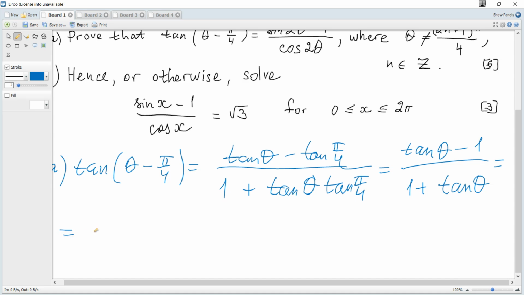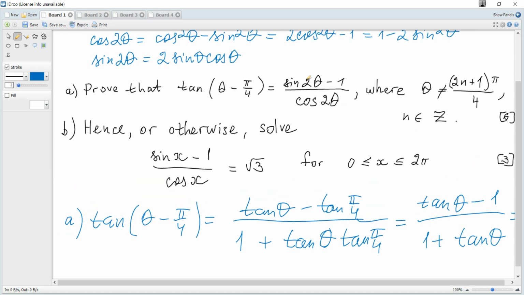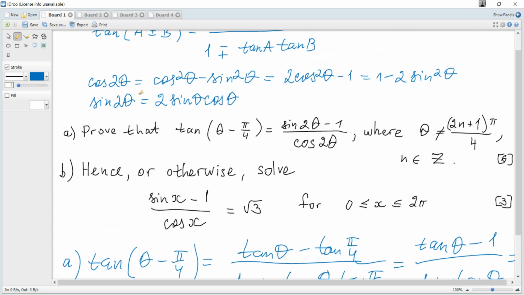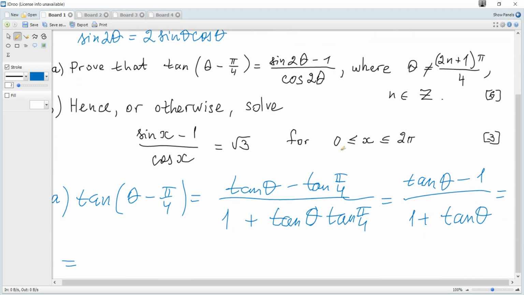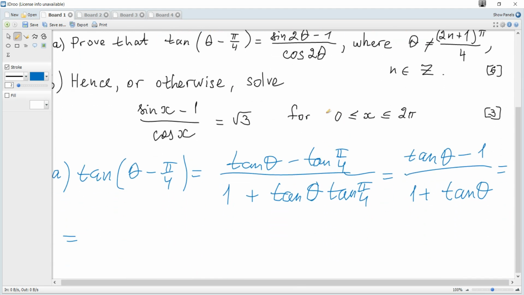And we need it to be in terms of double angle, and you can see that to get sine of 2 theta and cosine of 2 theta, there should be sine and cosine, so definitely we can represent tangent as sine divided by cosine, so it becomes sine over cosine minus 1 divided by 1 plus sine over cosine.